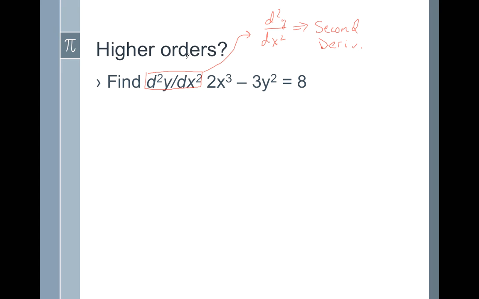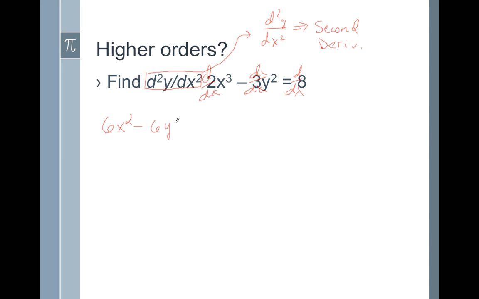So let's go ahead and find the first derivative. So we need to do d dx and d dx and d dx. We got to find the first derivative first in order to find the second, right? So the first one is going to be a 6x squared. That one's pretty easy. The next one, because it's a y, I need to find the derivative of the outside function first, which would be the power rule.